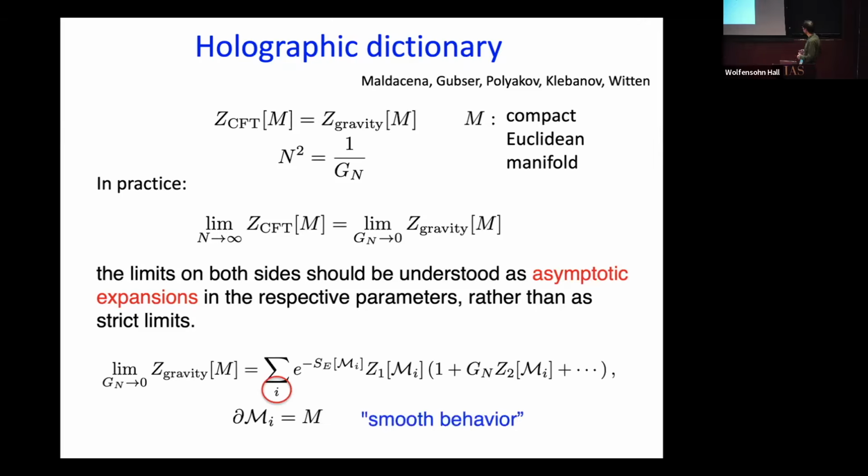The reason this behavior appears is because in the gravitational path integral, G Newton only appears as the coupling constant, 1 over G Newton, in the action. So you just have this structure. Following Edward, I will call this smooth behavior. On the gravity side, we always have smooth behavior when you take G Newton goes to 0.